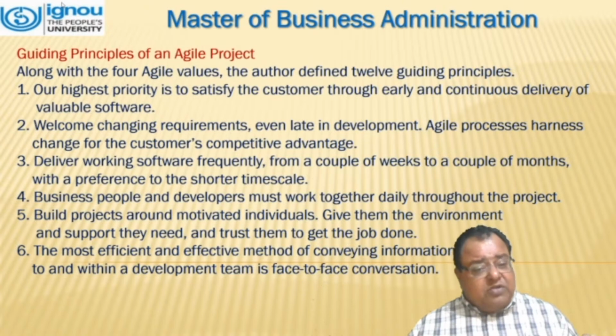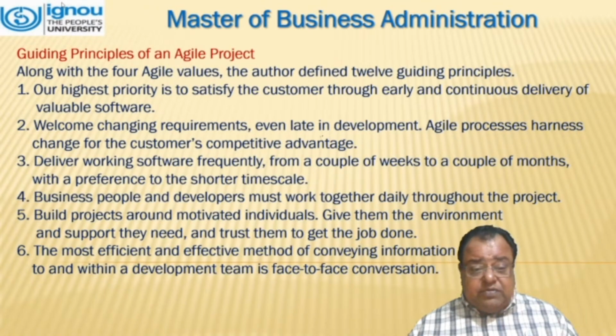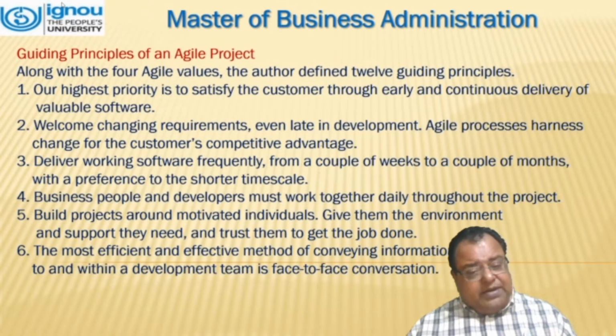Deliver working software frequently, from a couple of weeks to a couple of months, with a preference to the shortest timescale. Business people and developers must work together daily throughout the project. Build projects around motivated individuals, give them the environment and support they need, and trust them to get the job done.